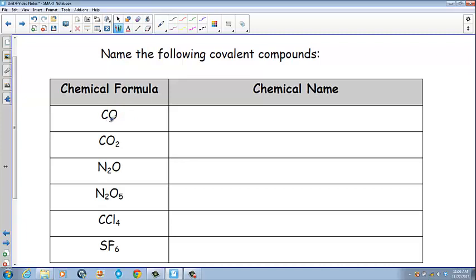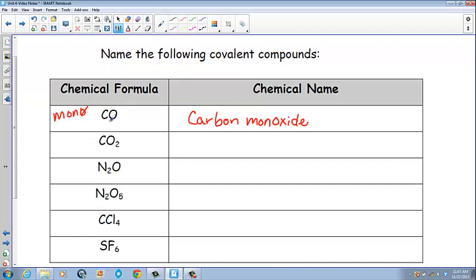We have carbon and we have oxygen. Again, the first element gets named. There's only one, so we're going to say carbon. And then we have 1 oxygen, so the prefix for 1 is mono, okay? But we're not going to say monooxygen, we're going to say mon and then oxide.